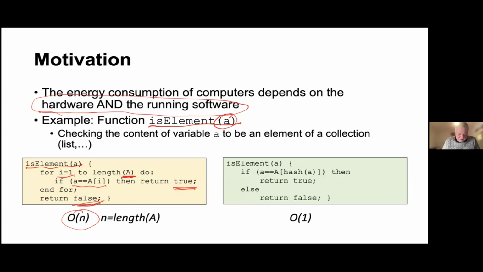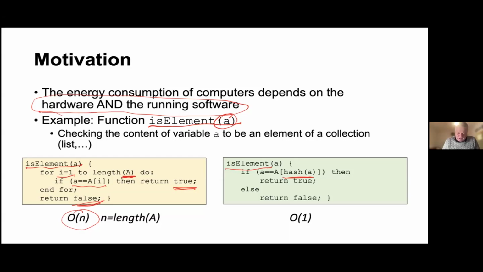On the other hand, a similarly lengthy program is also isElement, but this time we assume that there is a hash function, and people who know what a hash function is know that this can be more or less checked in O(1), because the hash function gives us the index where the element is stored.